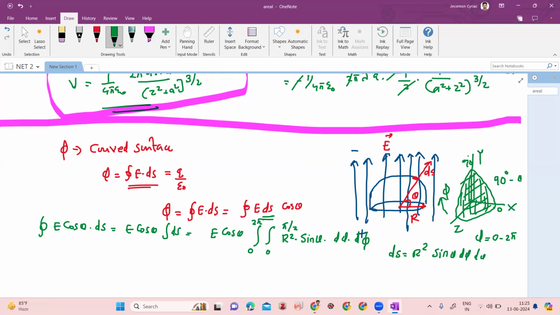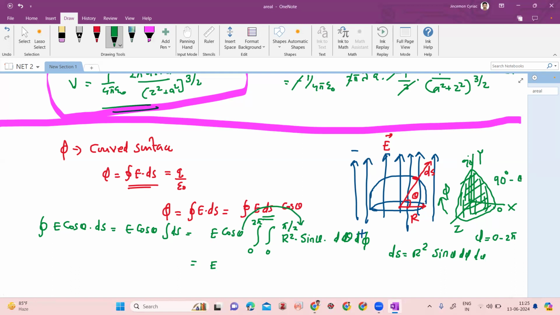So this is phi from 0 to pi, and here d theta. So we can take the derivative. Derivative of sin theta is equal to cos theta. Then we take cos theta from 0 to pi by 2, and that is equal to E. Theta is also a variable, so we can take it inside.